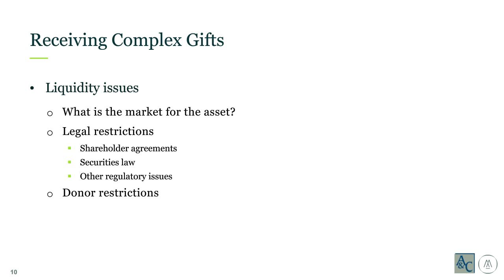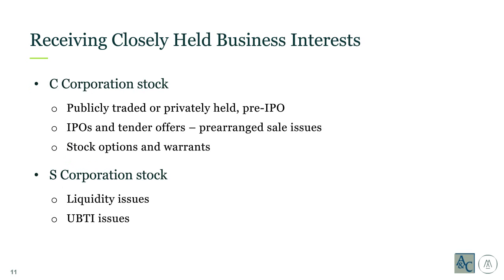All right, so let's start talking about more specific asset types. One thing we see a lot is business interests, and one of the common ways that businesses are organized is through a C corporation, so we'll start there. As we've said, publicly traded, unrestricted stock is not really a complex asset, but there is restricted stock that's not publicly traded.